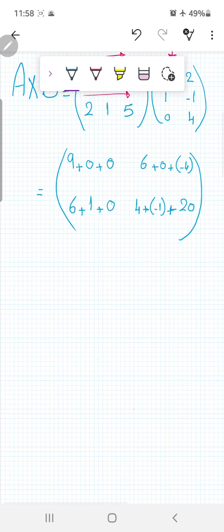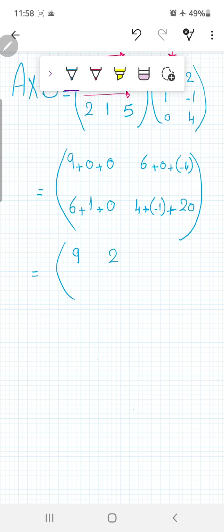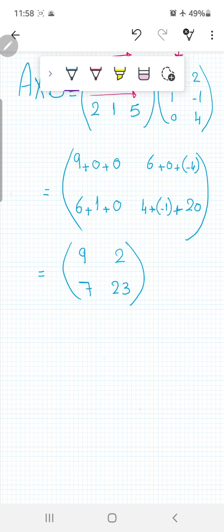And get the results. So here, 9 plus 0 plus 0, 9. 6 plus 0, 6 minus 4, 2. 6 plus 1, 7. 4 minus 1, 3, plus 20, 23. So A times B, which is AB, is a matrix, as we said, of order 2 times 2.